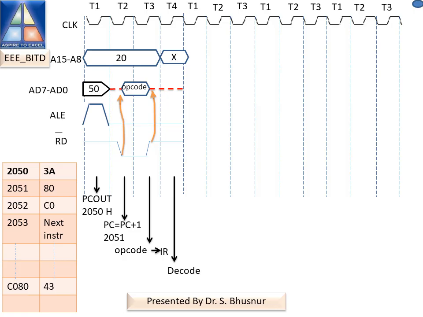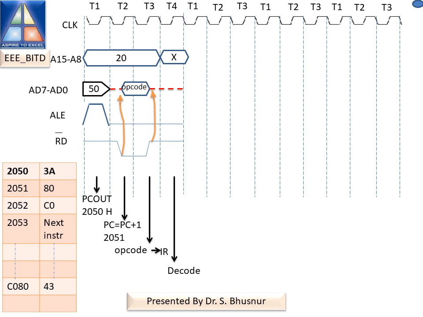The microprocessor knows that it is the LDA instruction, and it executes the remaining 3 machine cycles automatically. So the next machine cycle will be a memory read machine cycle, because the low order address 80 must be read from 2051.